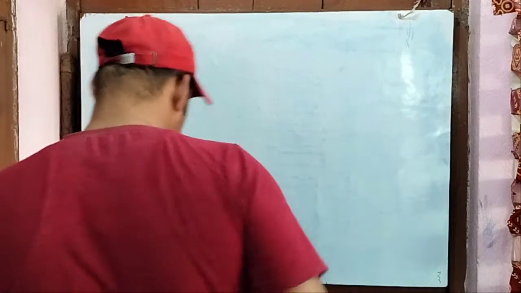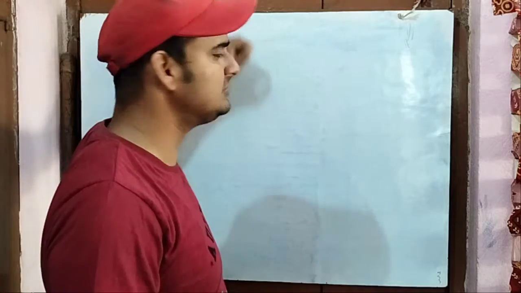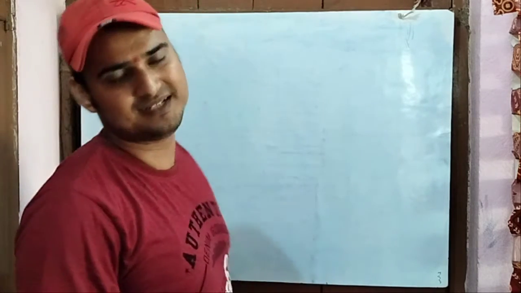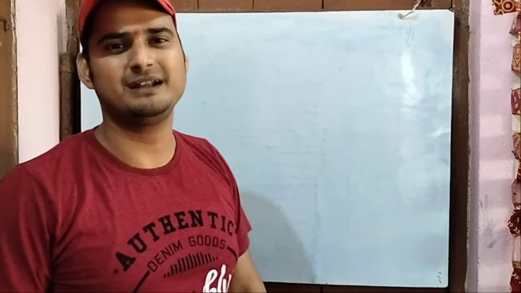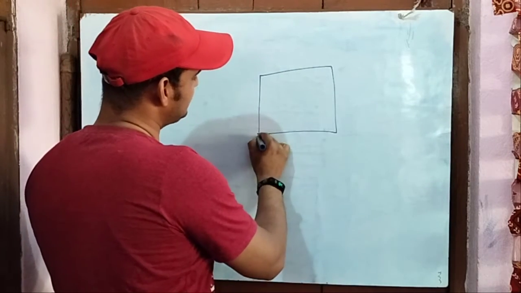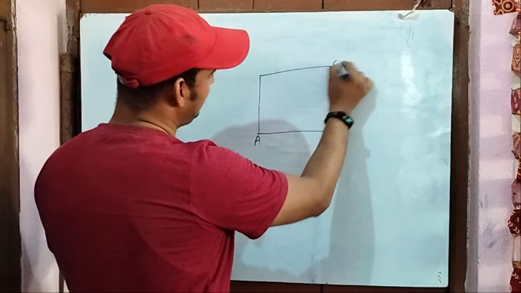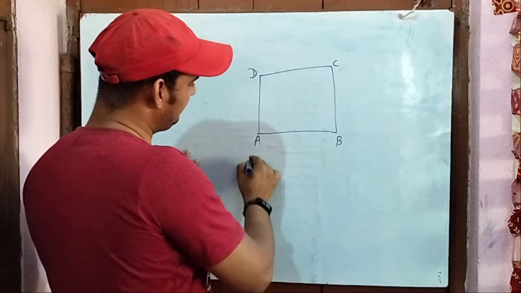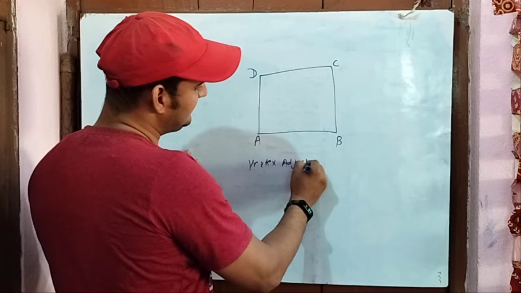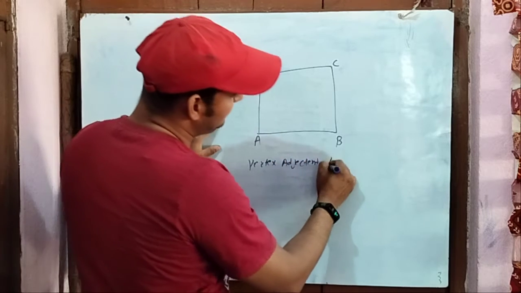Before explaining that, first I want to ask you about the adjacent concept. In 10th standard, you might have learned about adjacent sides and adjacent vertices. If you don't know, I will explain it briefly. Let's suppose ABCD is a rectangle, and I ask what are the vertices adjacent to A?